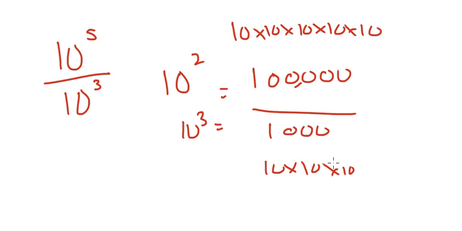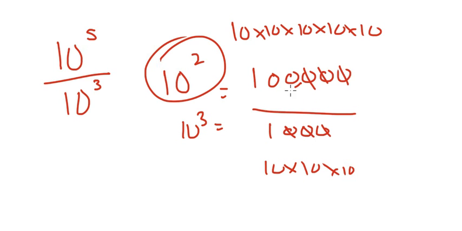And the way we can prove that 10 to the fifth divided by 10 to the third is in fact 10 to the second is, for every zero we have down here, we can cancel out a zero up here. And when we do that, we wind up with 100.